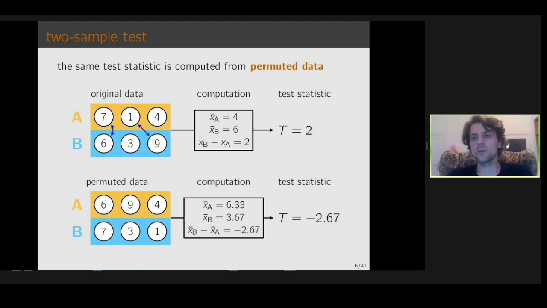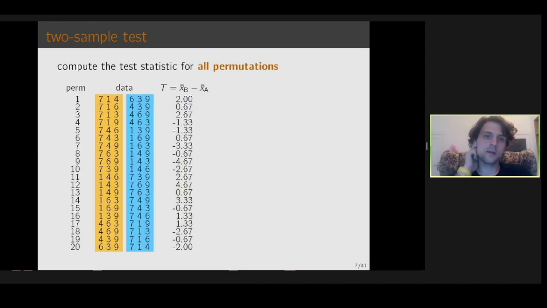Again, we are calculating the very same test statistic from the permuted data, and in this case, it would be minus 0.267. Of course, what we want to do in the end is to compute the test statistic for all permutations. In this very small data set, we are in the lucky situation of being able to actually evaluate all the permutations.